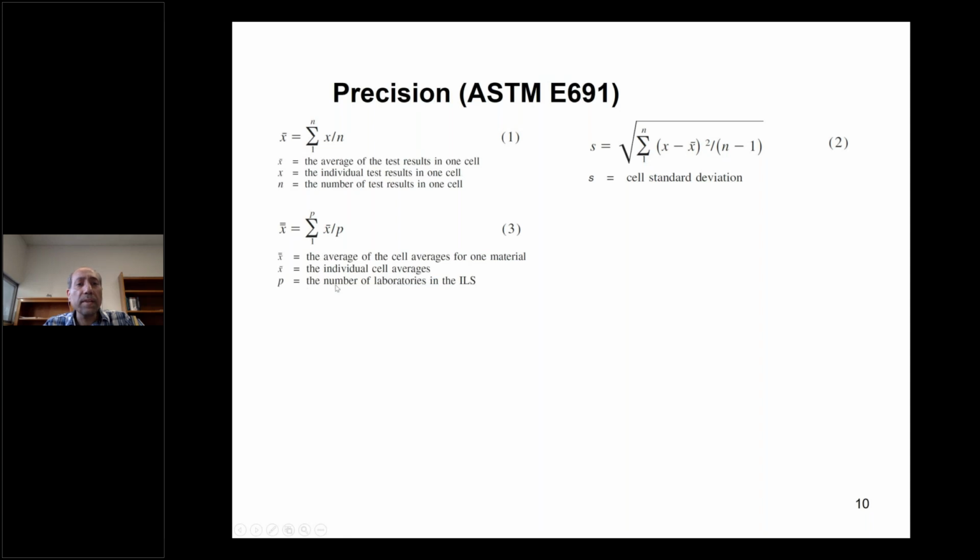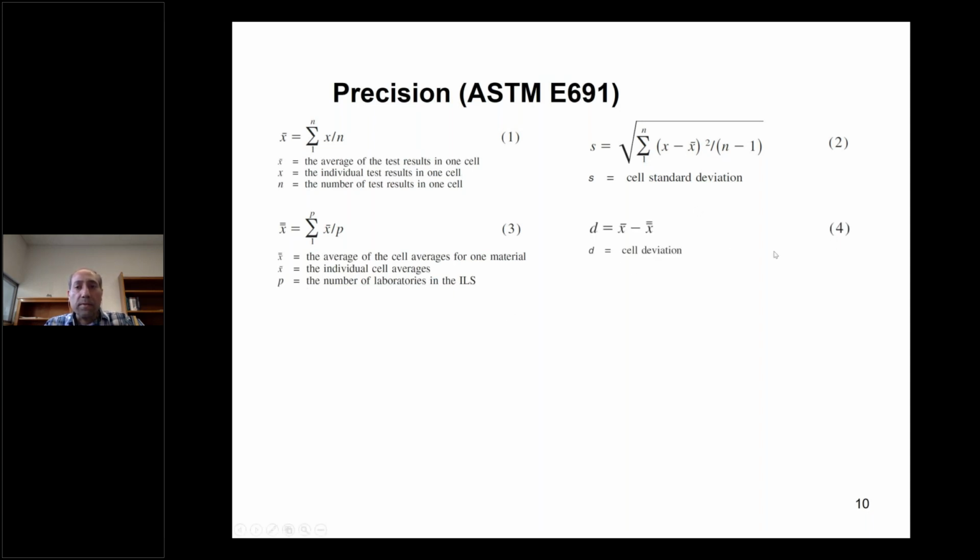We calculate the average of the cell averages for one material. So here we consider different groups, and for one deicer, we can average the cell averages of the ice melting capacity obtained by each group.